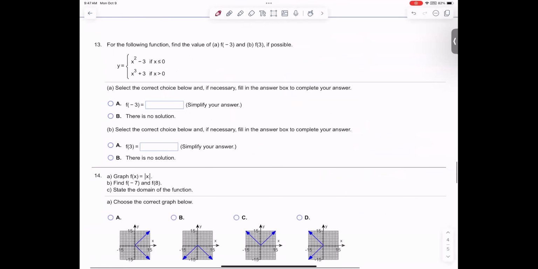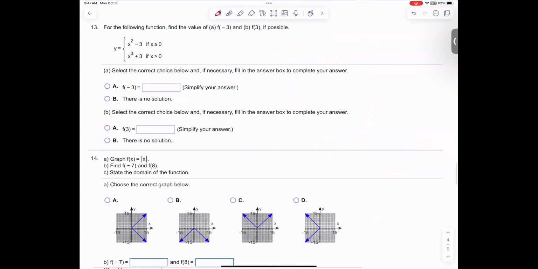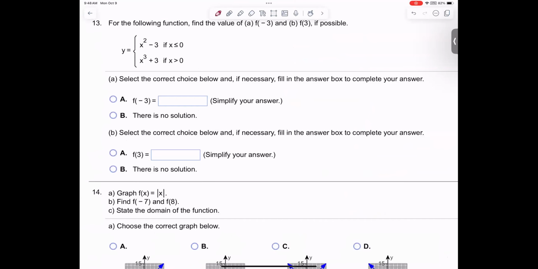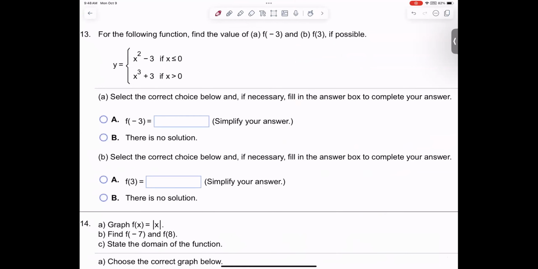Piecewise defined functions. For the following function, find the value of A, f of -3, and B, f of 3 if possible. So we have a function being defined in pieces. Let's blow it up a little bit so we can see it.